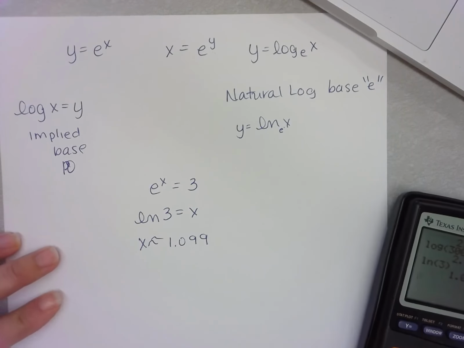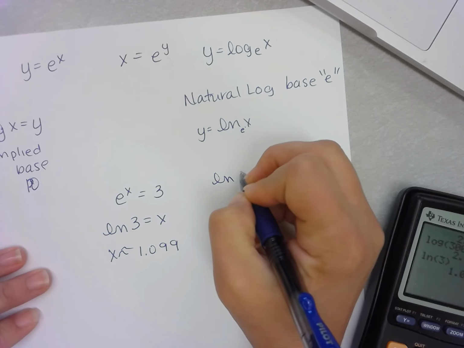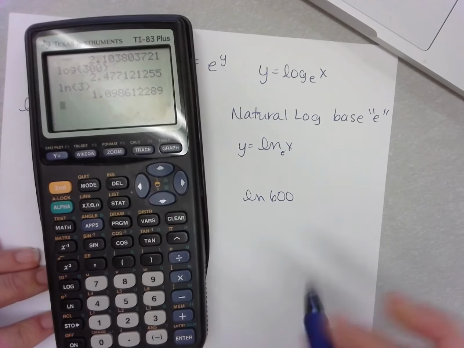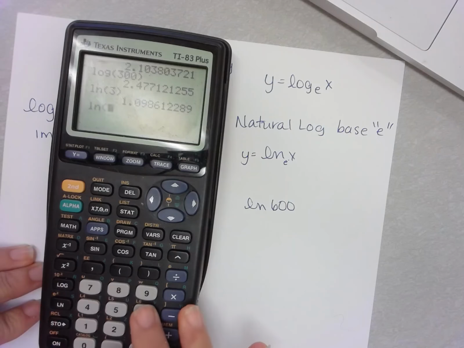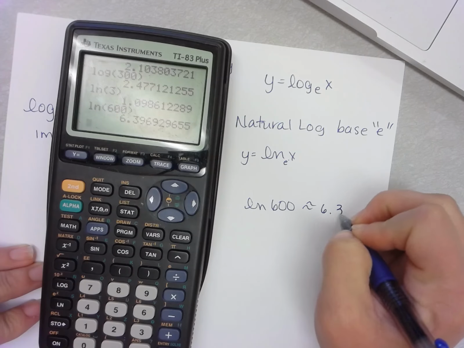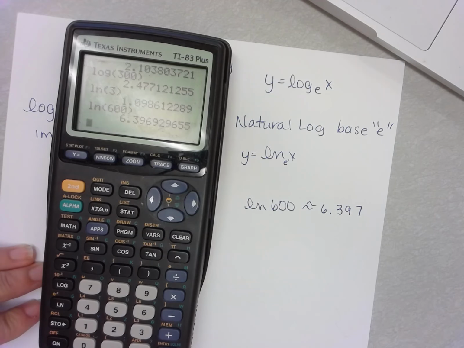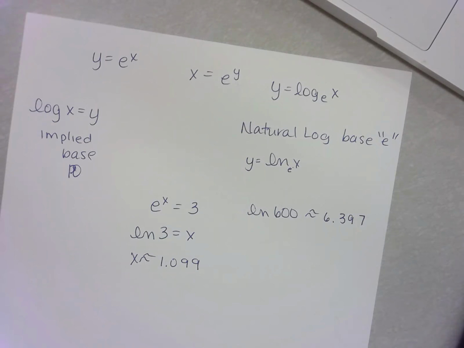If I just wanted the natural log of 600, again all I have to do is put it in my calculator, the natural log of 600, and that is approximately 6.397, because there's a 9 after the 6, so I'm going to round that up. So the natural log of 600 is approximately this.